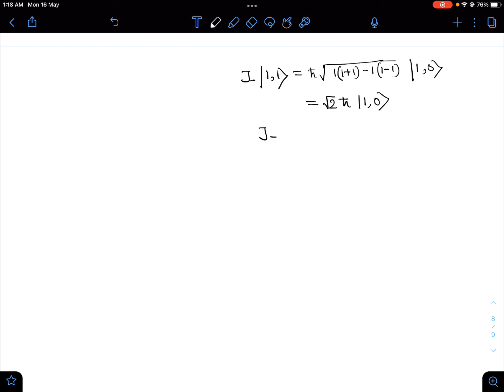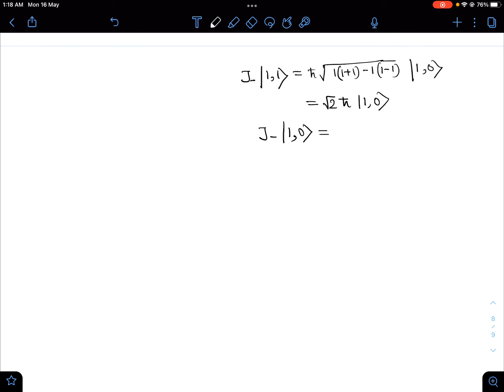Now similarly you have to calculate J minus. Let us first do this. What will be the value of this? It will give us ħ root j(j+1) minus m(m-1), and we will have |1 0>. So it will give me root 2 ħ |1 0>. And if J minus acts on state |1 0>, what will be the value?